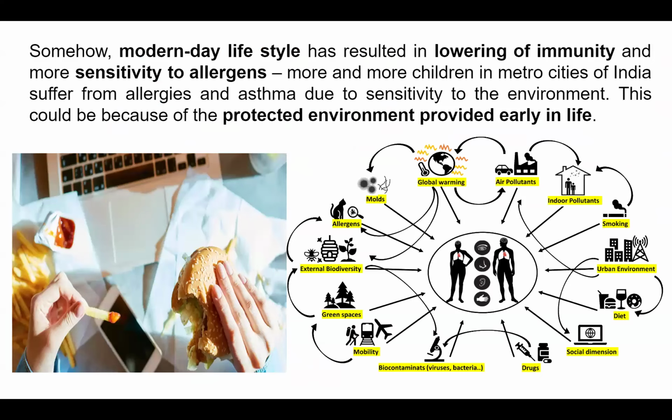Now, I'm telling you what is happening in day-to-day life. See, people have become more and more careful, being a single child of the family, that my child is very sensitive to sun, my child is very sensitive to this, or no, I will not let the child eat this. So they are staying in a very protected environment from a very early stage. Being in a protected environment from an early stage, when they move out, they do not grow the immunity.